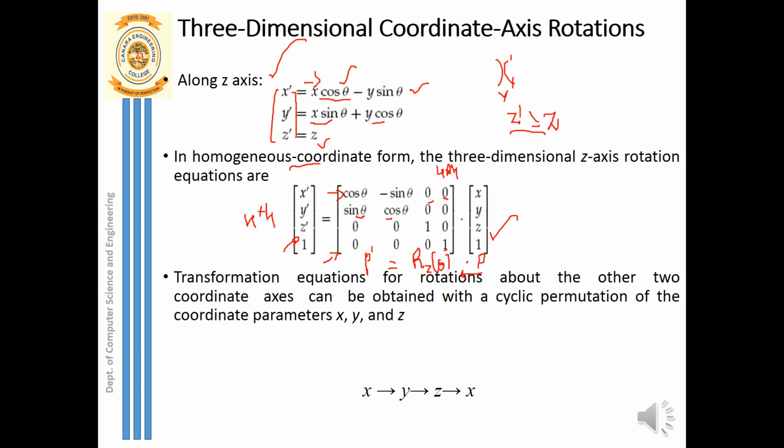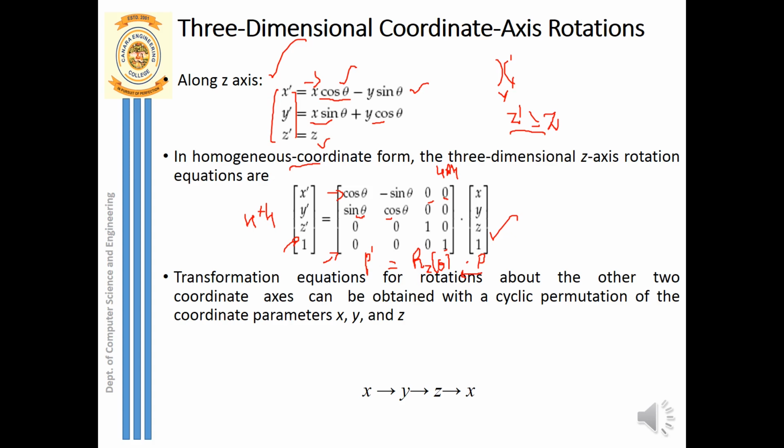Now you can refer to the same equations and write the subsequent rotation equations: how to rotate the object along the x-axis, then how to rotate the object along the y-axis. Write the equations for that and write the corresponding matrices. Suppose I want to rotate about the other two coordinate axes, that is the x-axis and y-axis other than the z-axis.